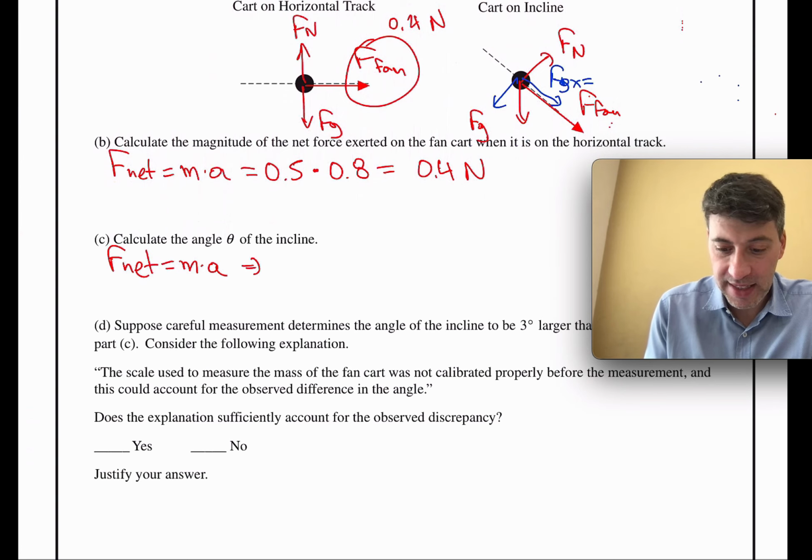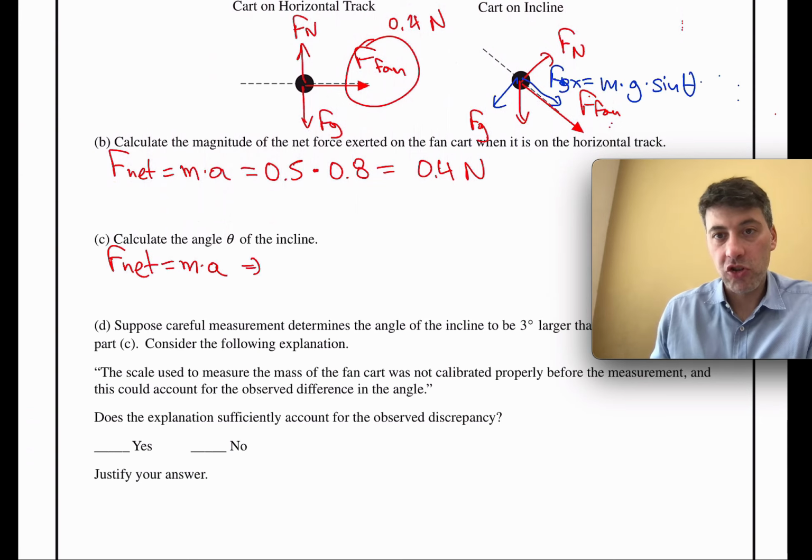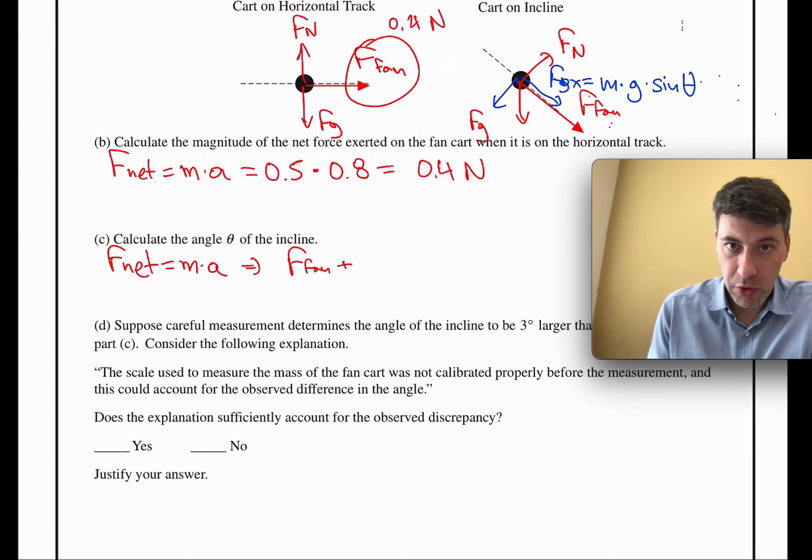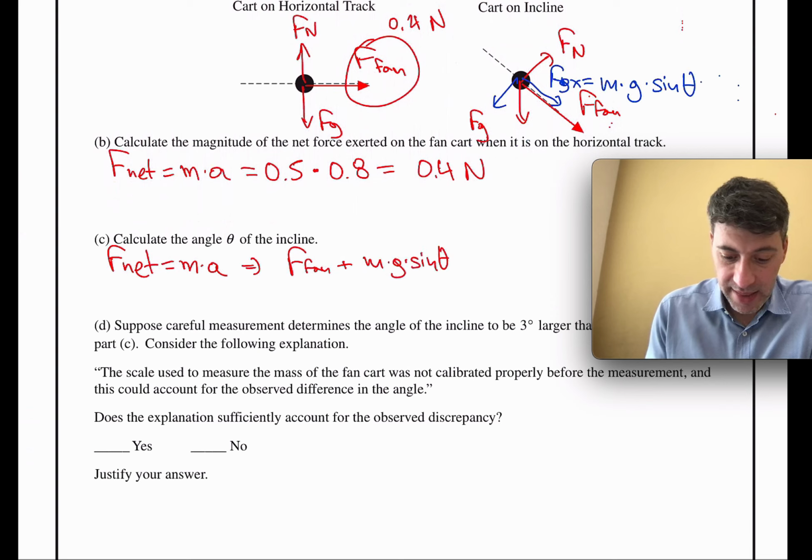And in reality it is mass times g times sine of the angle theta. So in the horizontal direction, there are two forces acting, the force by the fan and also the horizontal component of gravity, which is mg sine theta. And this is equal to mass times acceleration.